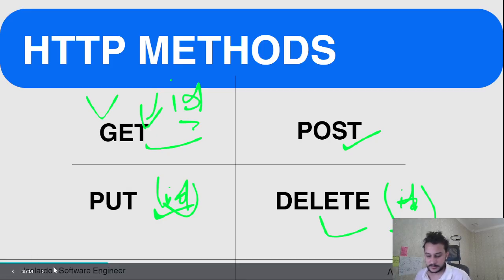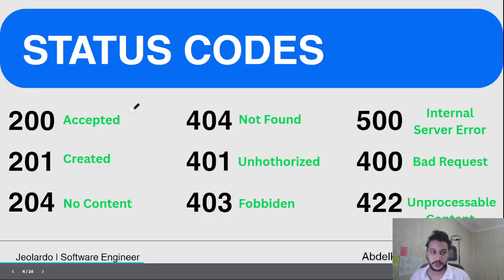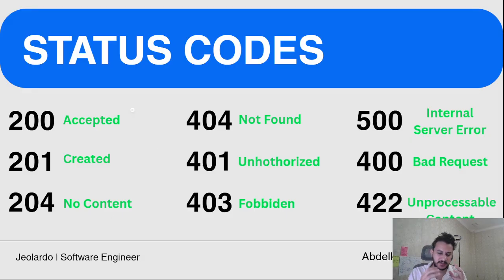Also, let's go to the status code, and here a lot of developers forget to expose or display a specific status code on each response. You should know the different status codes and when to use each of them.